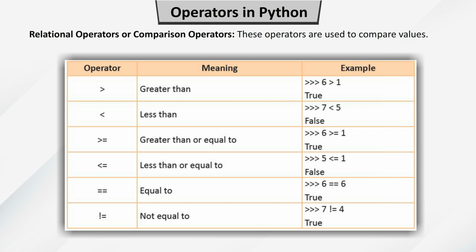Greater than or equal to, 6 >= 1, true. Less than or equal to, 5 <= 1, false. Equal to, 6 == 6, true. Not equal to, 7 != 4, true.